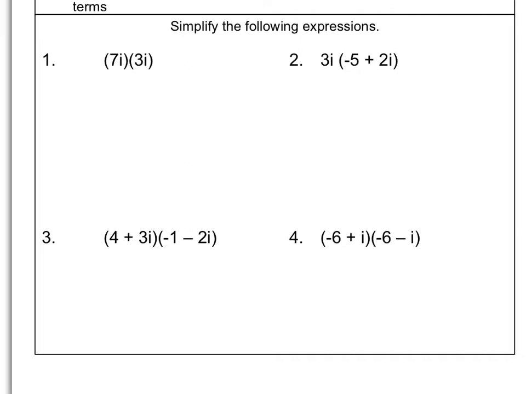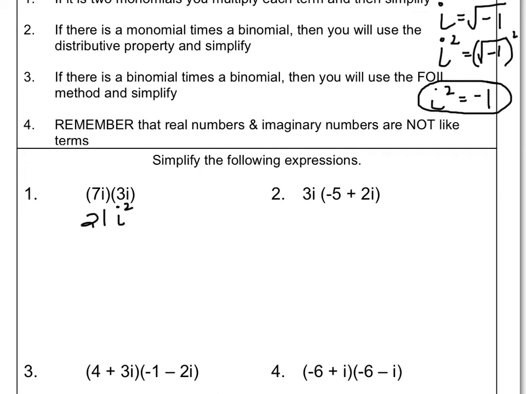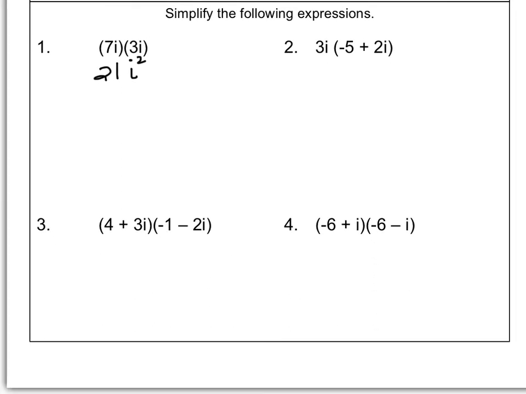So I'm going to take 7i times 3i, which is 7 times 3, 21, and i times i is i squared. From previously, we said that i squared has a value of -1. So anytime I see i squared, I'm going to replace it with -1. So this really is 21 times -1, which is -21. So when you're multiplying monomials, it becomes a little bit easier.